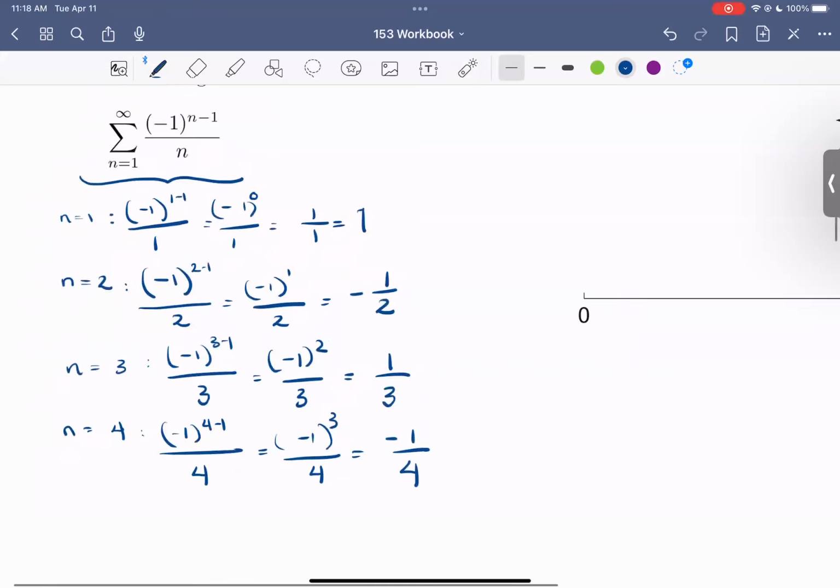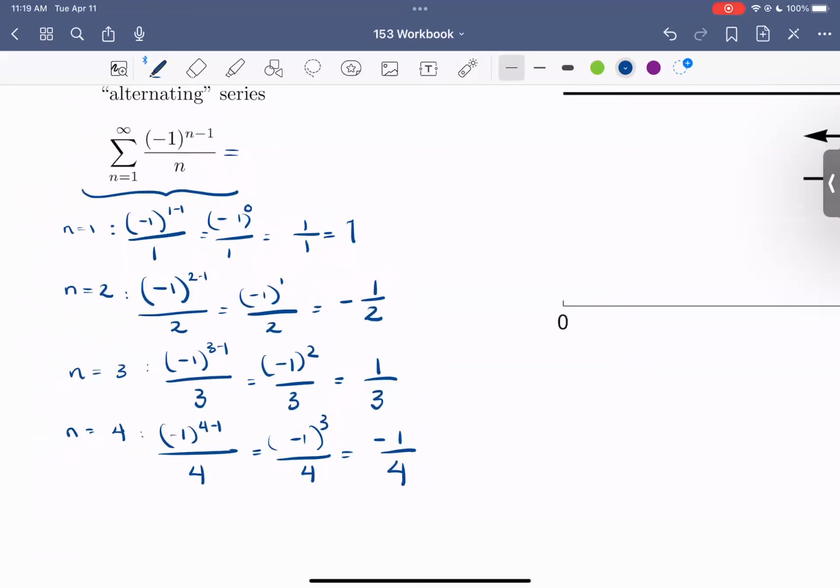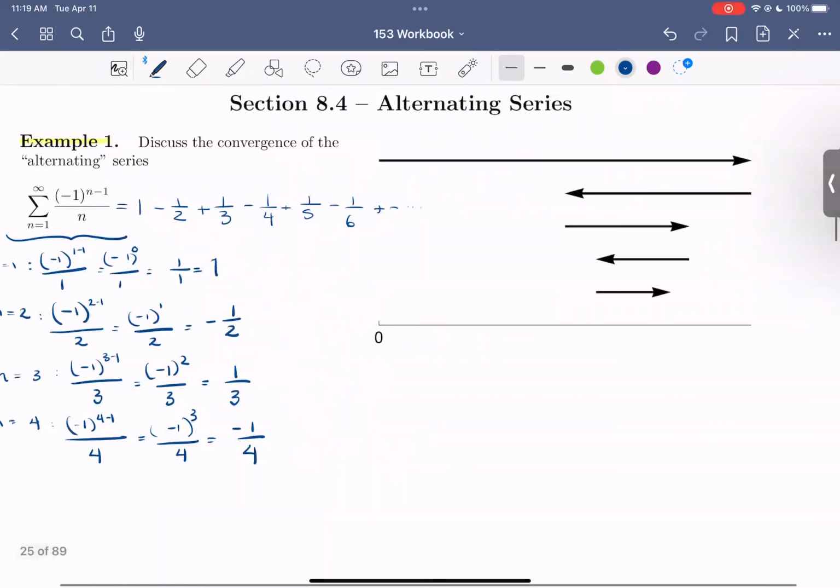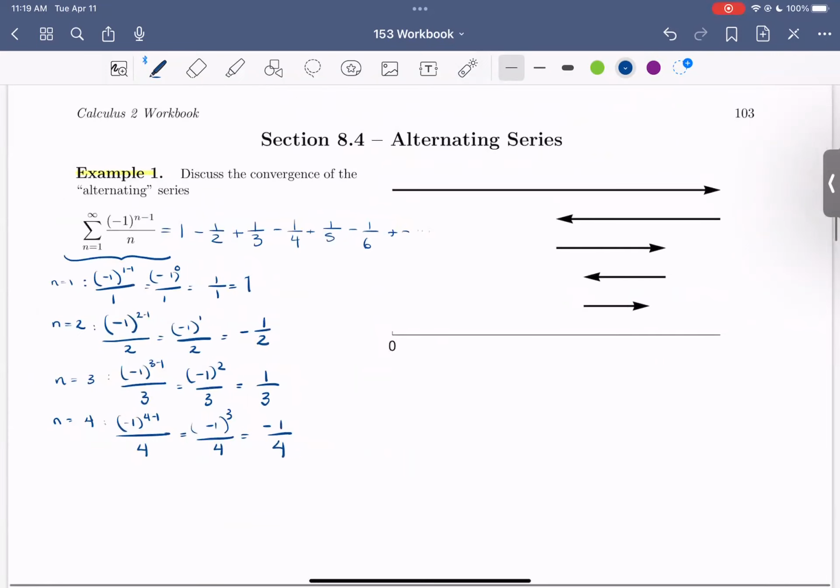So we can write out this series: the sum of 1 minus 1/2 plus 1/3 minus 1/4. If we notice, the pattern will continue, we'll add and then subtract just unit fractions here.